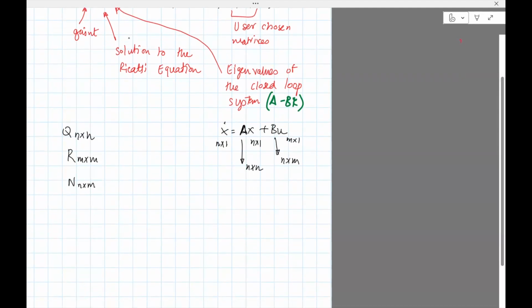In order to figure out Q, you don't have to memorize this. If you write the J equation, which I wrote down earlier, it's X transpose QX plus U transpose RU plus 2 X transpose NU.